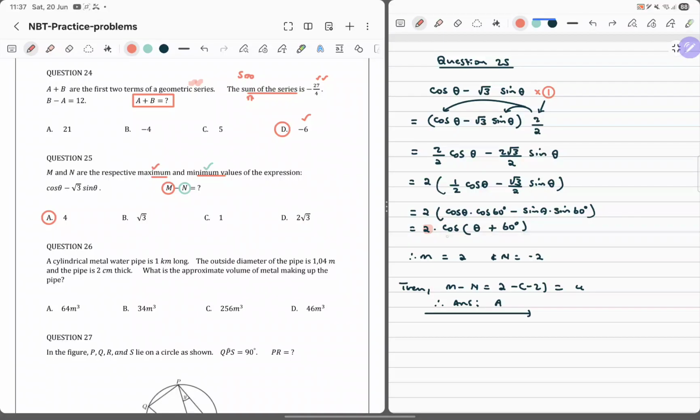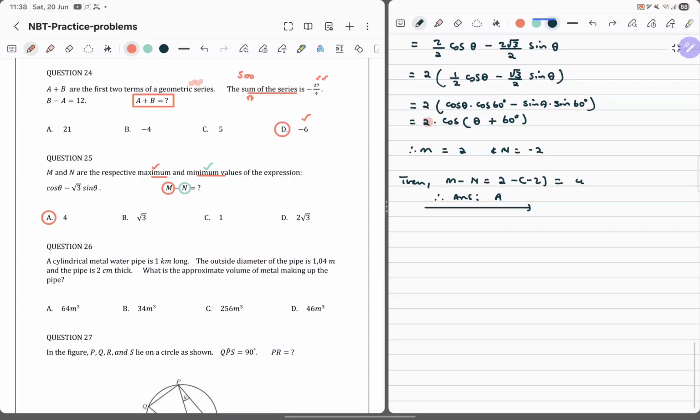But all I wanted to say is, if you are not so sure if this is correct, put any value for theta and do this on the calculator, and then give a value for theta again there and do it. You will see the answer is still the same. So maths is true, whether you like it or not, it just remains true.